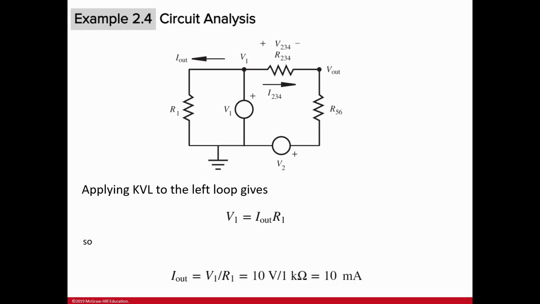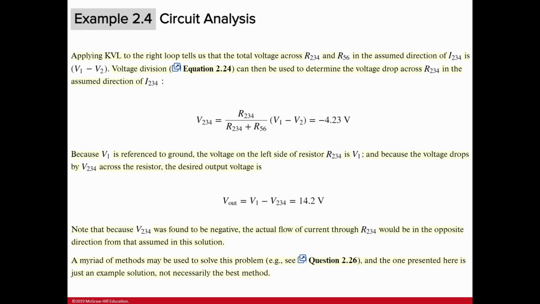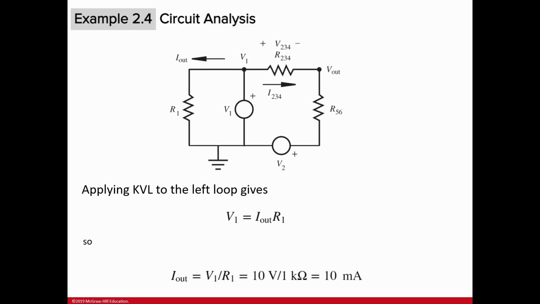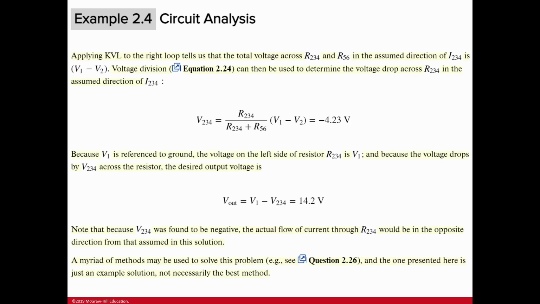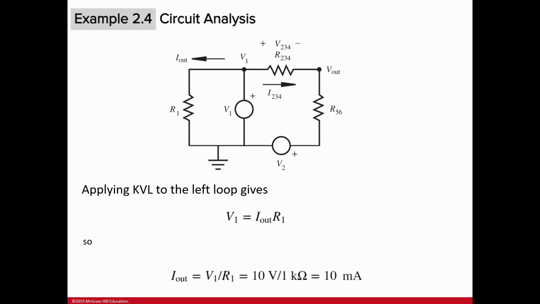This is the voltage division between these two resistors. Because we want to get V234. We want to get this one.